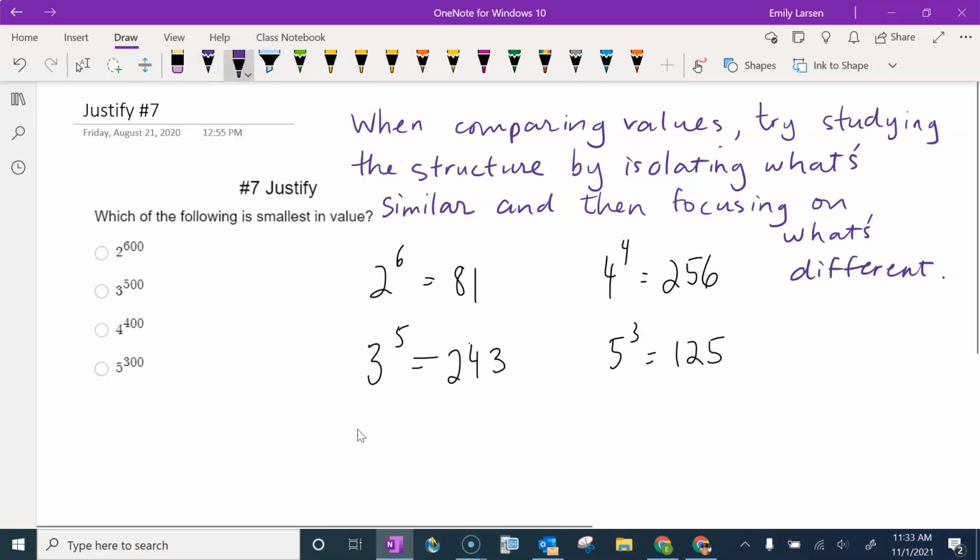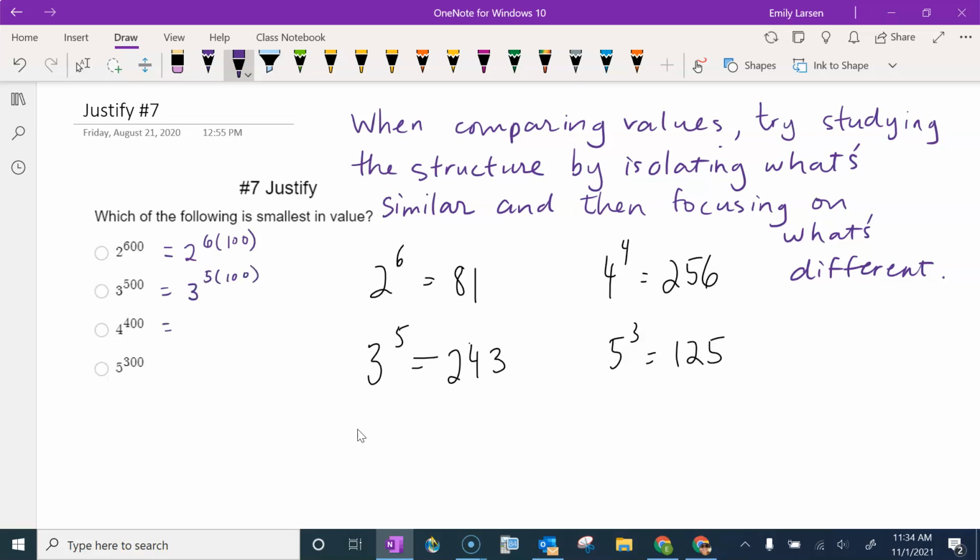Now, maybe you think, oh, that's just a trick. How can you just take out the zeros? Well, you know that 2 to the 600 is 600 factors of 2. If you group them differently, you could also say it is 6 times 100 factors of 2, which is the same thing as 600 factors of 2. Instead of saying 500 factors of 3, you could say there are 5 times 100 factors of 3.